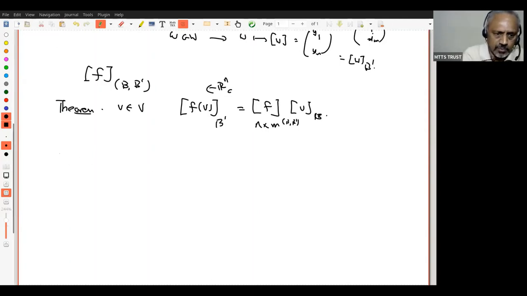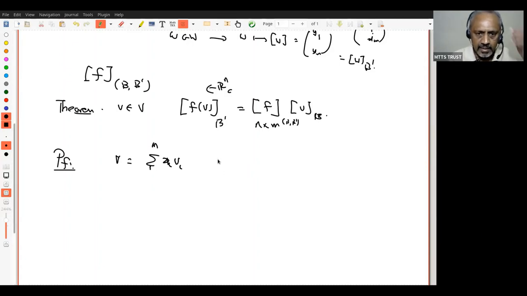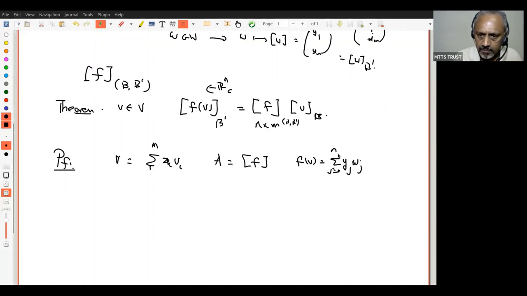Let us go through the proof quickly with the detail this time. You will see the proof is exactly similar to what you have seen earlier. Okay, so if I write v equal to summation xi vi, i equal to 1 to m, and let A be the matrix of F with respect to B and B dash, and let F of v equal to summation yj wj, j equal to 1 to n.